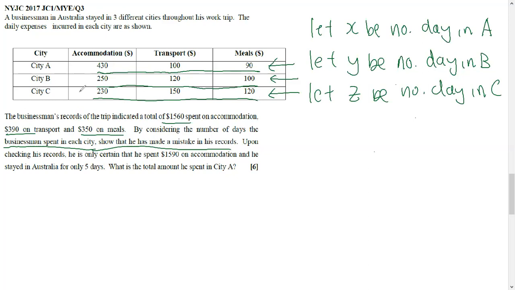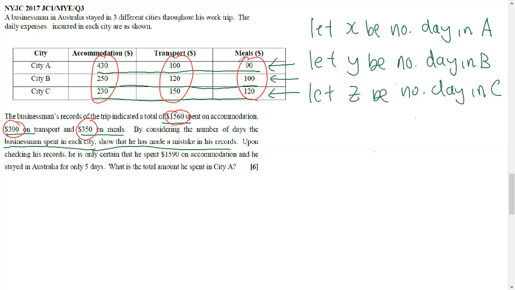But what we have here is the total cost spent in each category. So 1560 on accommodation, 390 on transport, and 350 on meals. So we actually have to summarize it vertically. All right, so it's okay to make the mistake. At least we know that there are two possibilities of reading the table.